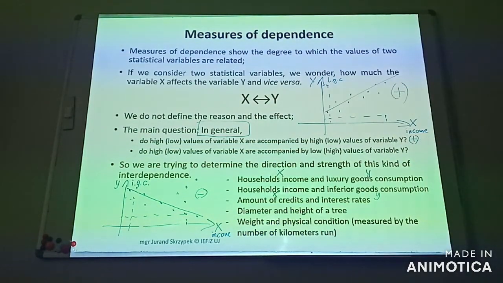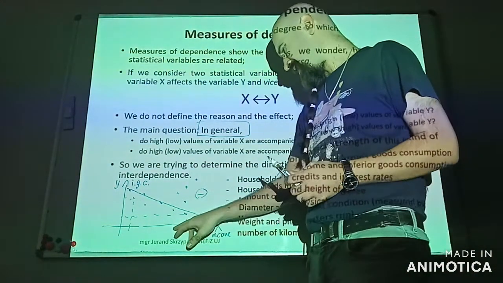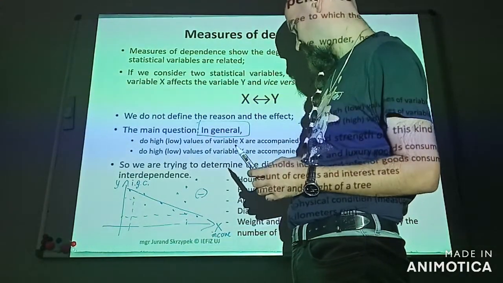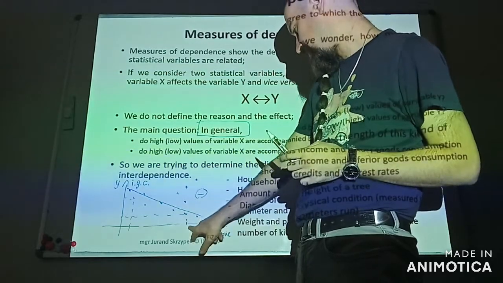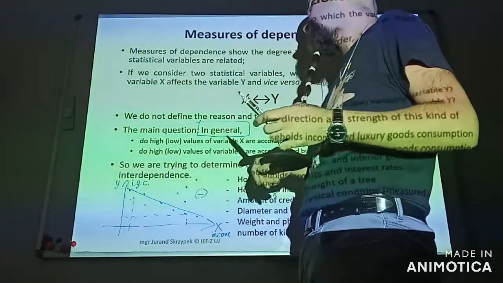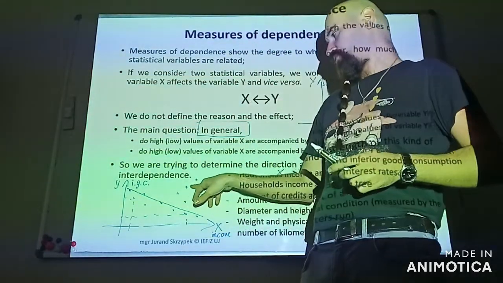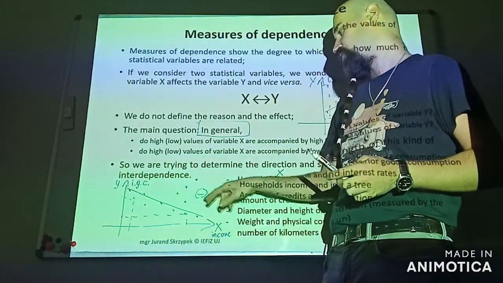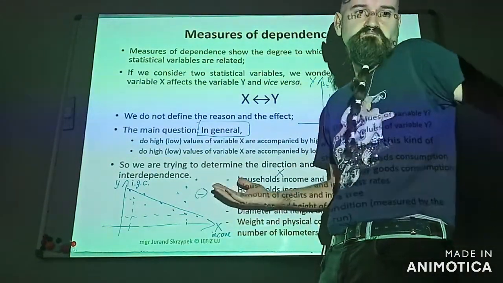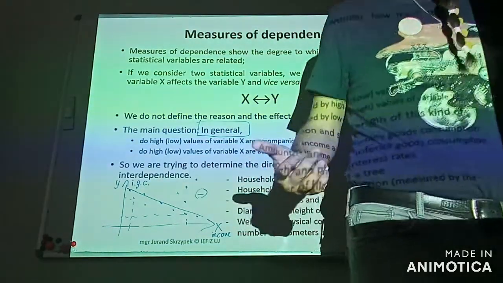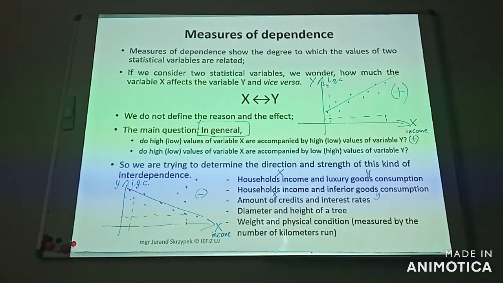observe one or more times an untypical household in which we have high income and high inferior goods consumption. Yeah, for example, they are rich but they love frozen food. Is it possible? Yes, of course.